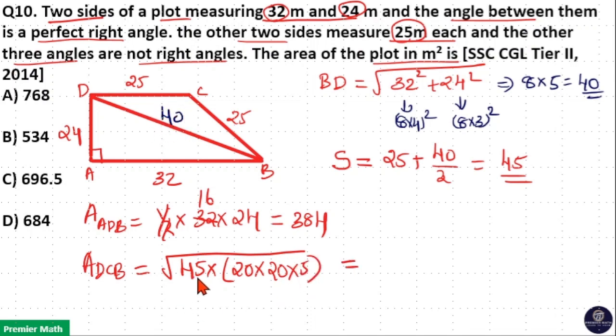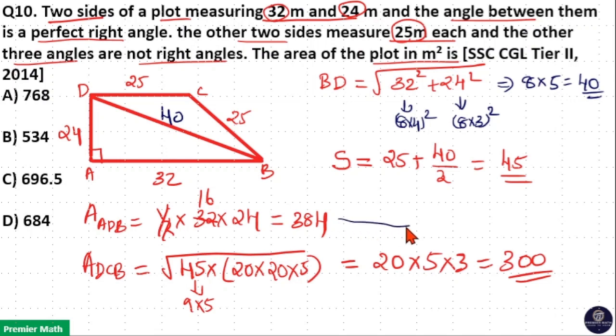So root of 20 square is 20, and 45 can be written as 9 into 5. Here two 5s are there, so root of 5 square is 5. Again, root of 9 is 3. So it is equal to 20 into 15, 300. Now, total area is equal to 384 plus 300, which is equal to 684. So option D is your answer.